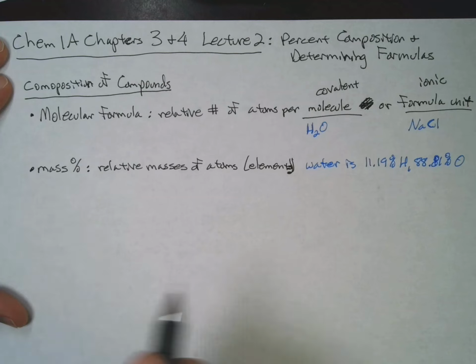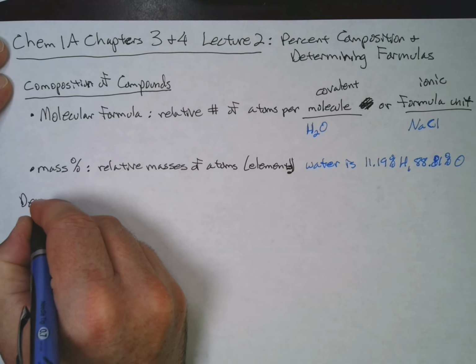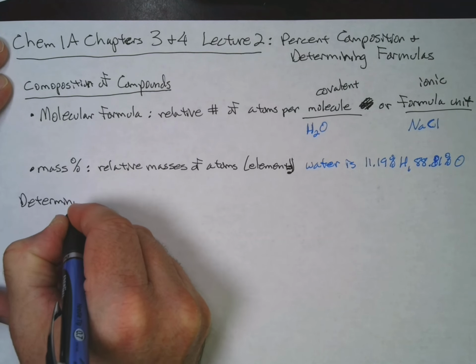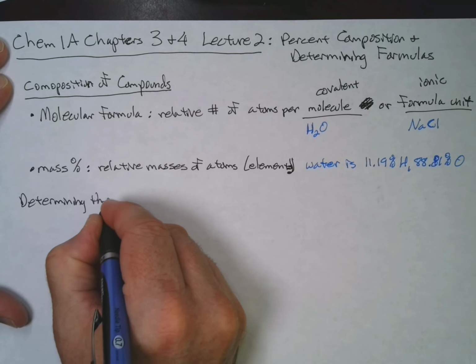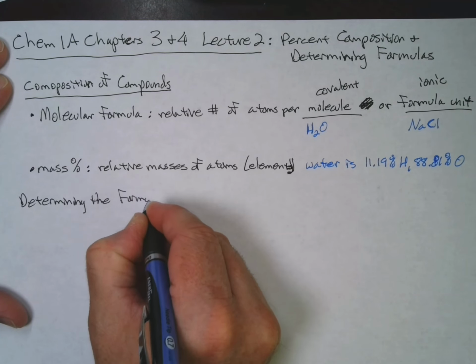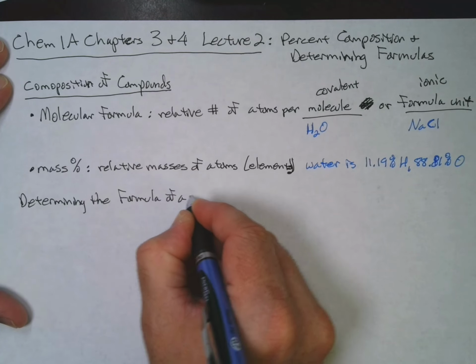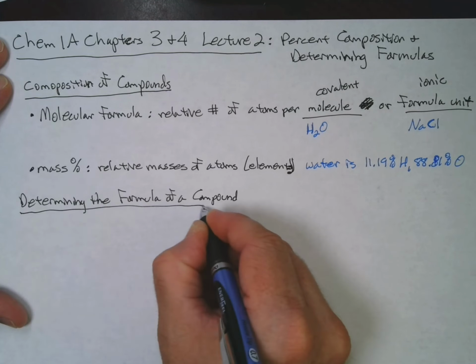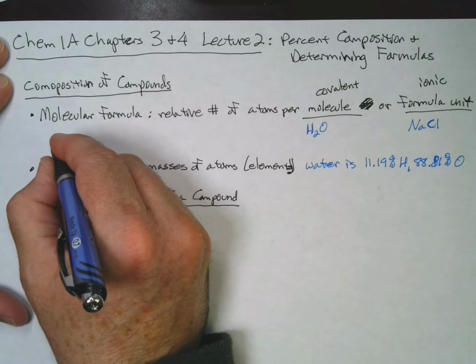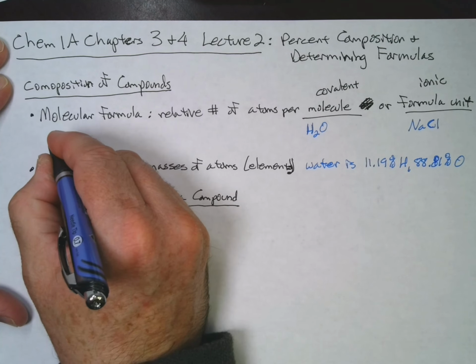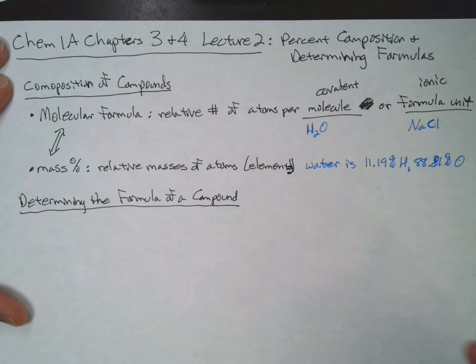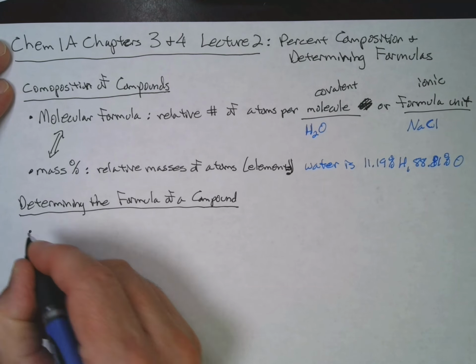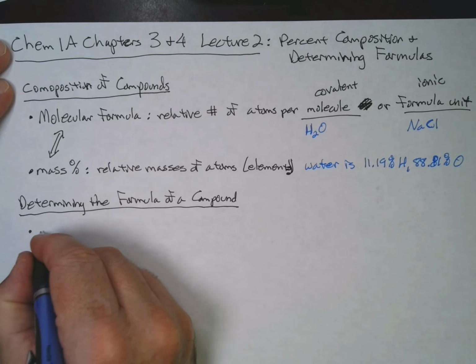Now, we can also determine the formula of a compound given its mass percent. So really we can go back and forth between a molecular formula and a mass percent. So experimentally speaking, what would happen is you would obtain the mass percent of different elements somehow.